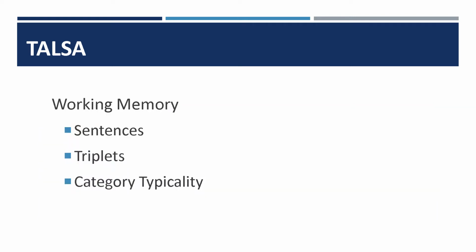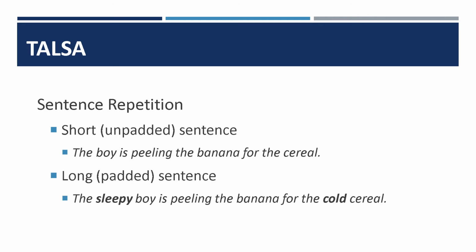Verbal working memory is assessed in the TALSA with sentences, triplet tests, and the category typicality test. The sentence repetition test assesses both input, auditory comprehension, and output, verbal expression.